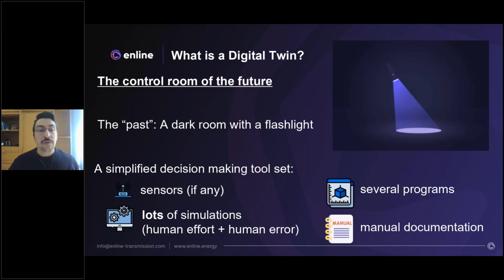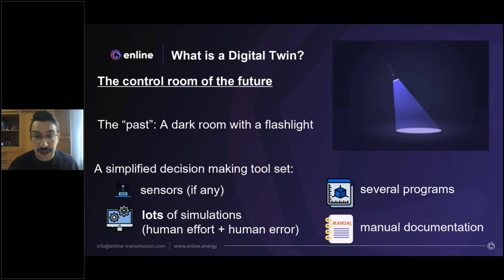Now, the operator running the power system, what are the tools available today that most operators use to make decisions? So they have some sensors sensing some variables in the power system, if they have any. There aren't many countries working with field sensors for the power system, so there are very few. Lots of simulations. I believe every operator engineer that I have known has a folder in their office machine with tons of files or cases, and they have to run these cases.